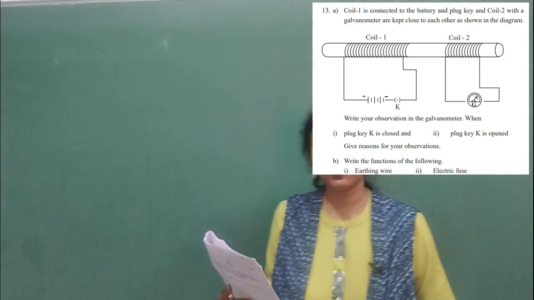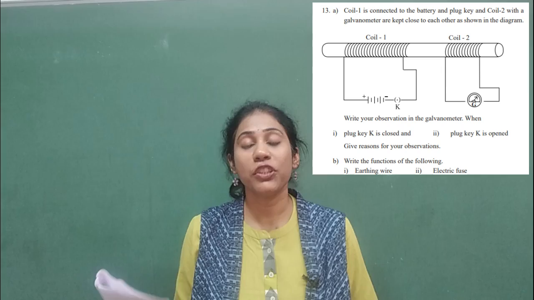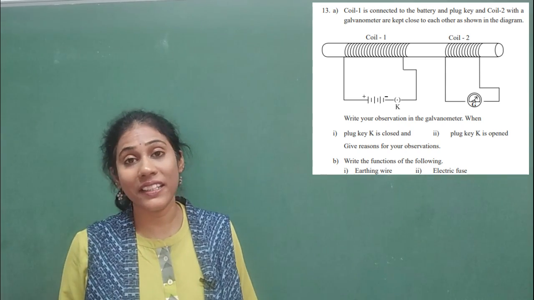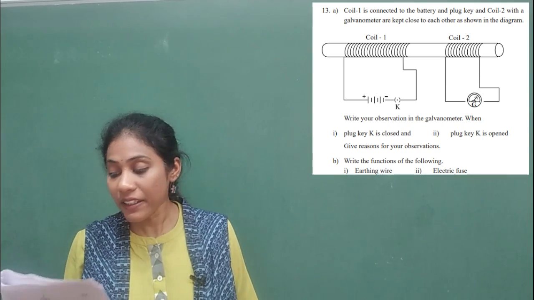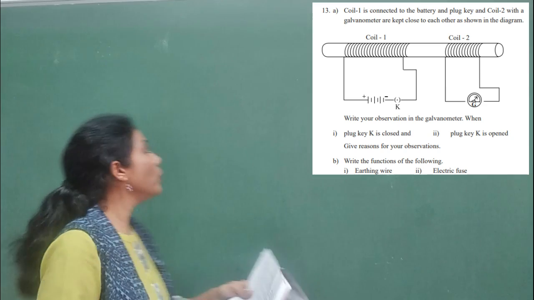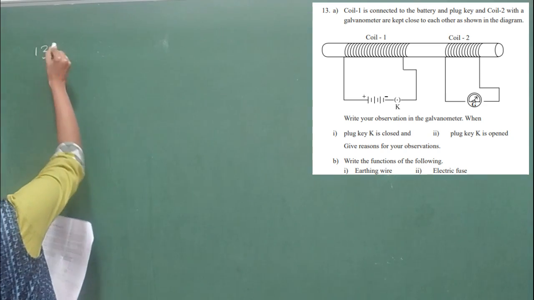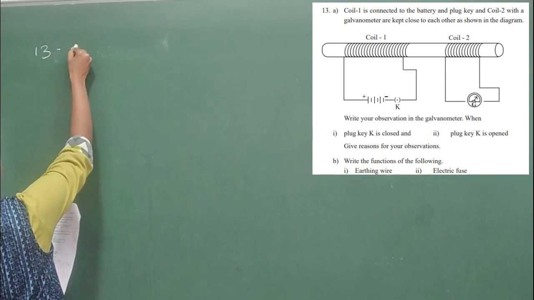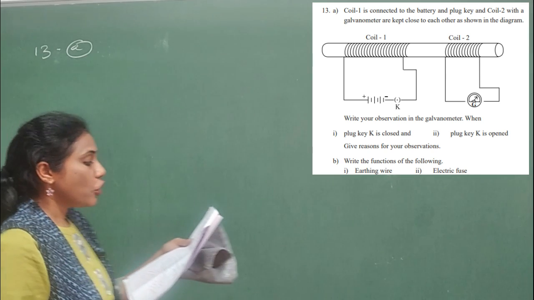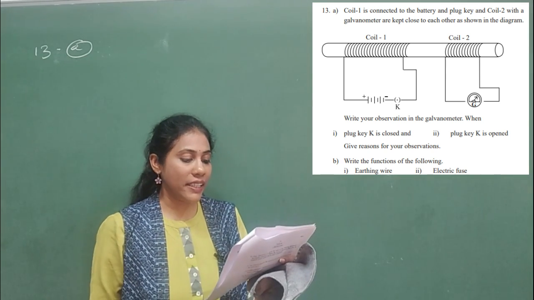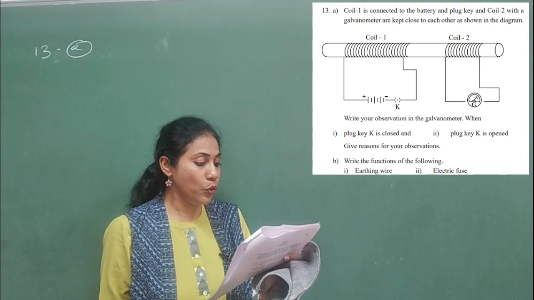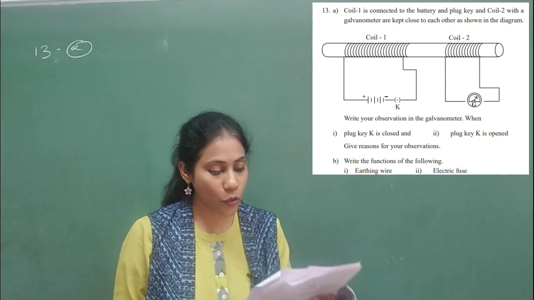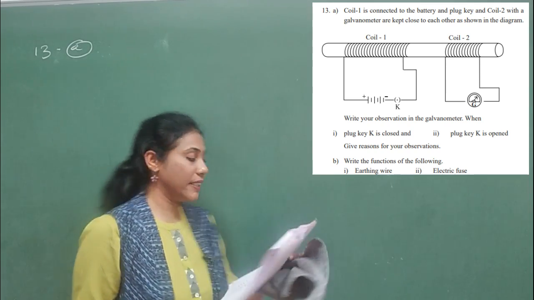You all must have had an idea about electromagnetic induction, which was discovered by understanding Faraday's experiment, right? So here in the 13th question A, coil 1 is connected to a battery and plug key, and coil 2 with galvanometer are kept close to each other as shown in a diagram.